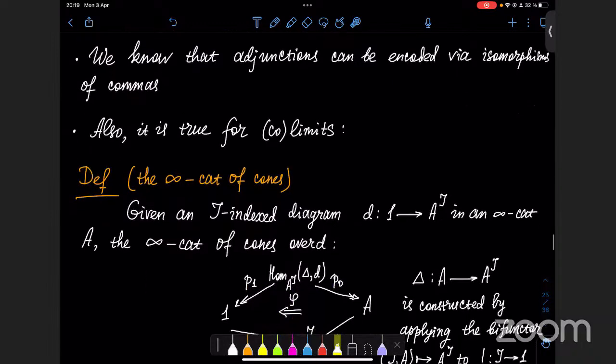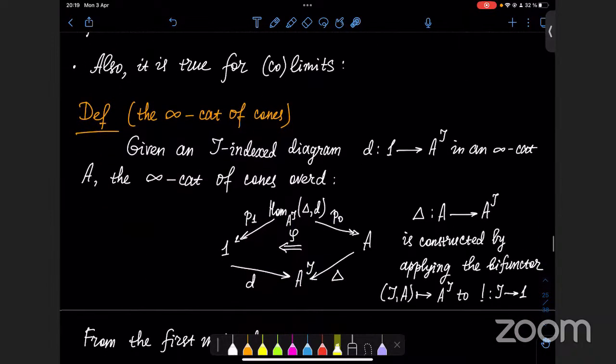So recall the definition of the infinity category of cones. Given a J-indexed diagram, this is an object in the category of diagrams of shape J, so J-indexed diagrams in an infinity category A.